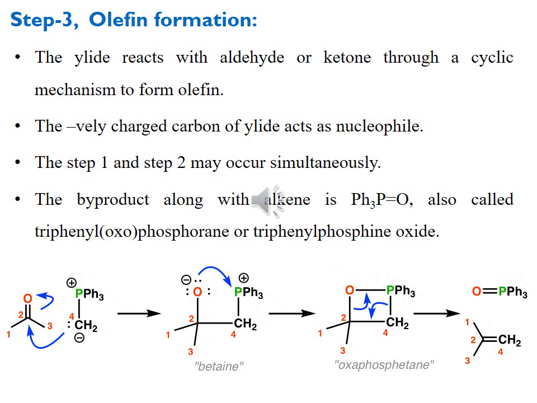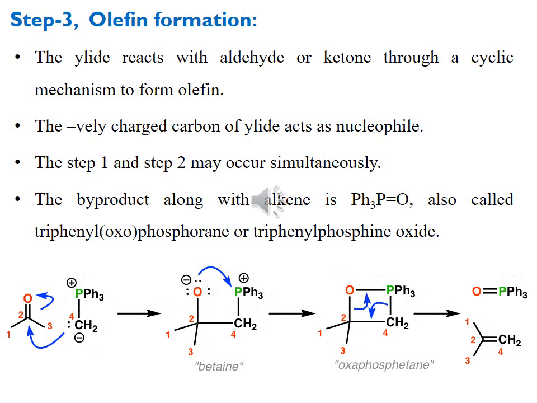If we compare this carbon-phosphorus bond and carbon-carbon bond, first the bond between carbon and oxygen was broken and the phosphorus-oxygen double bond was formed. In that case phosphorus will have to break this bond also, and so these electrons move towards the carbon-carbon bond, and we get an alkene.